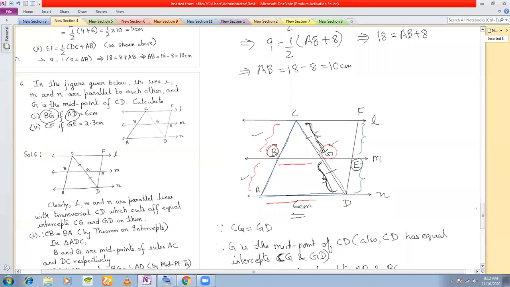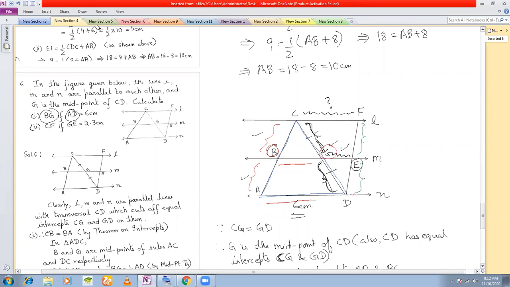We look at the next part now. Calculate the length of CF. You need to calculate this length, given GE, which is given to you. So what should you do?